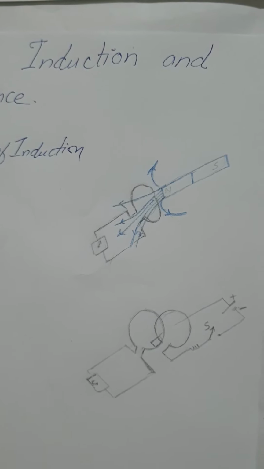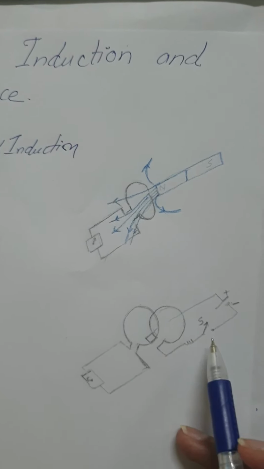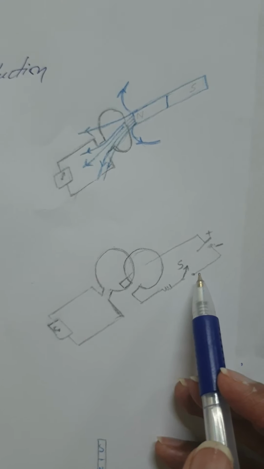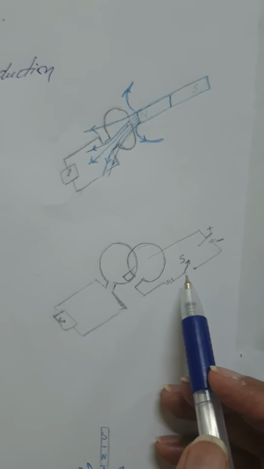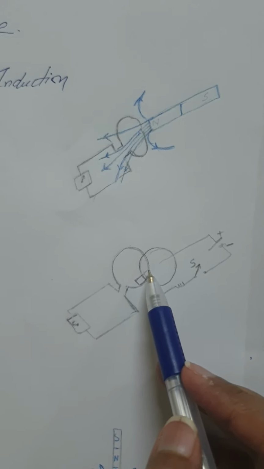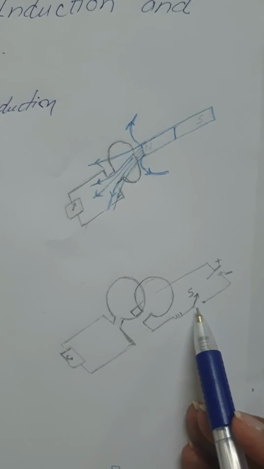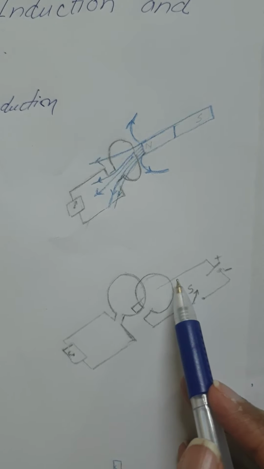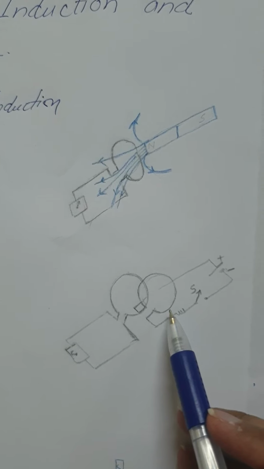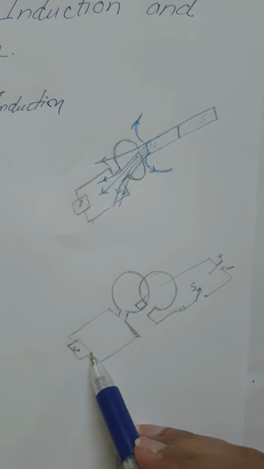Now let's look at the second experiment. Here the apparatus has two conducting loops which are close to each other, and if we close the switch to turn on a current in the right hand loop, the meter suddenly and briefly registers an induced current in the left hand loop.